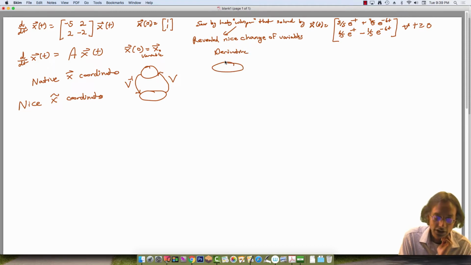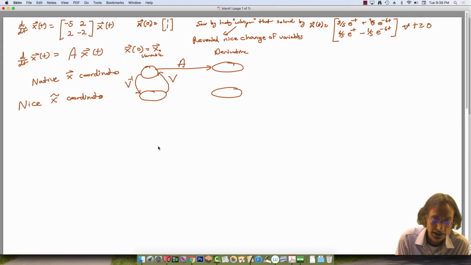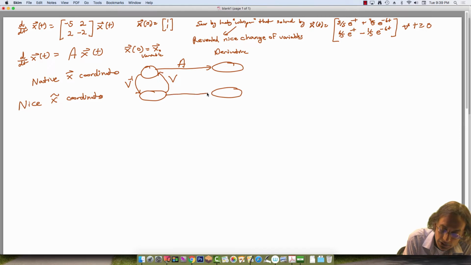And we know there's a linear transformation that maps the variable to its derivative, and that transformation is given by A. So the same way, this A defines the system of differential equations. In the same way, there's going to be some transformation that takes the x tilde coordinates from the variables to their derivatives. That's the new differential equation we got.